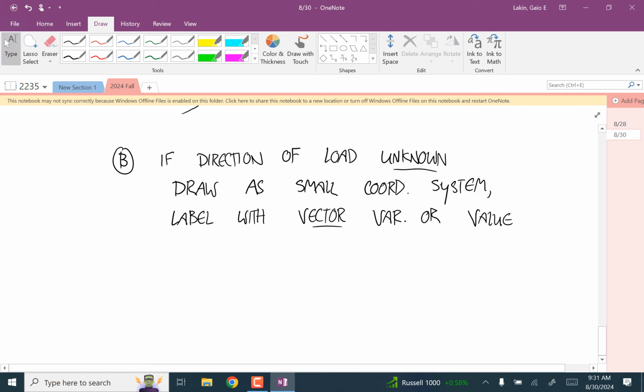So in 2D, you would do it like this and label it R as a vector. And that says we don't know any of those components. You also see people do it like this.